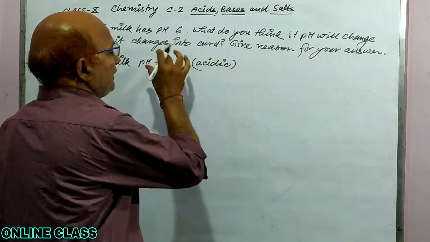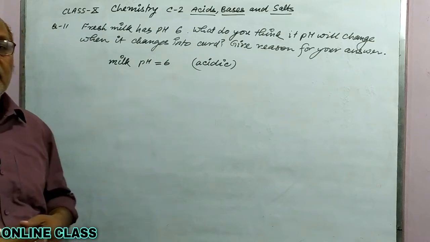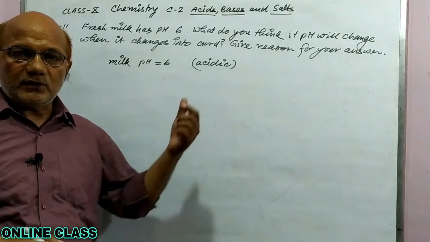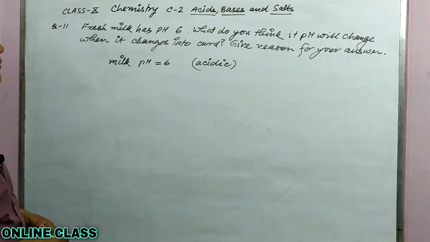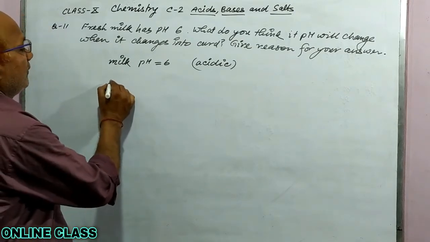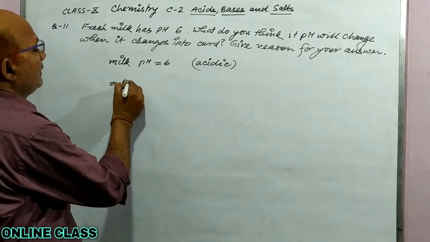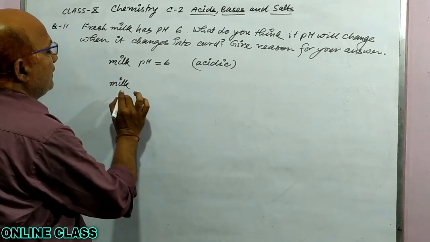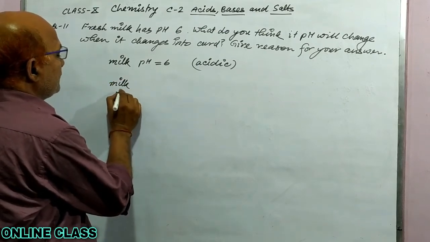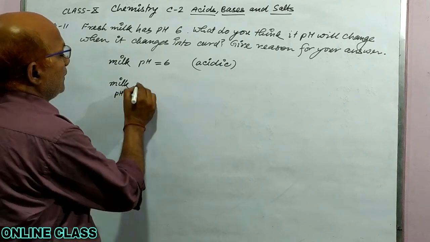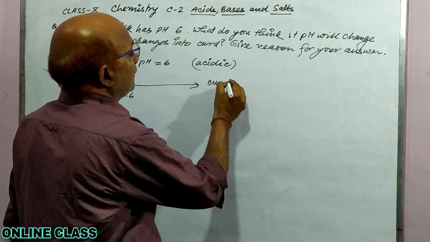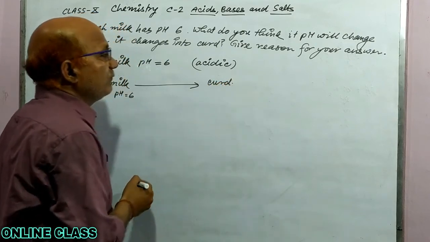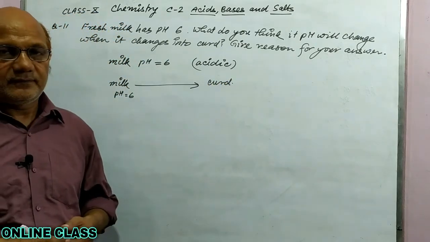So fresh milk is acidic in nature, because its pH value is less than 7. So when milk, which is fresh milk, has pH value 6, and it changes into curd, then what will happen to its pH?